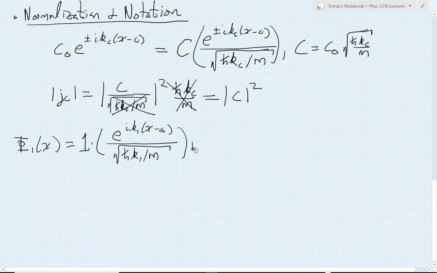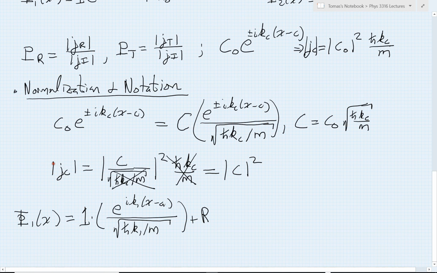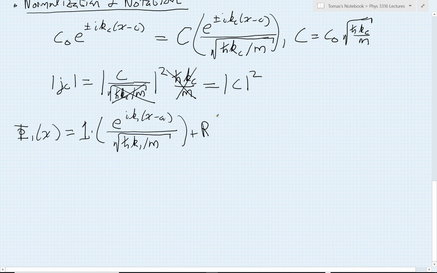And then there is, of course, always the reflected piece, which I will now call r, because it often will have some adjustment factor necessary, multiplying e to the minus i k1 (x minus a) divided by its square root, h bar k1 over m, like so.